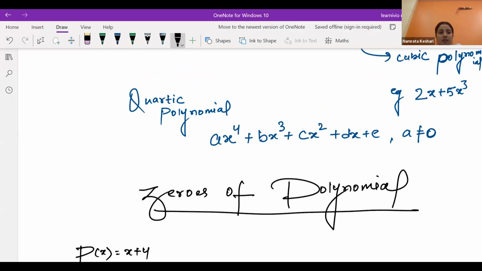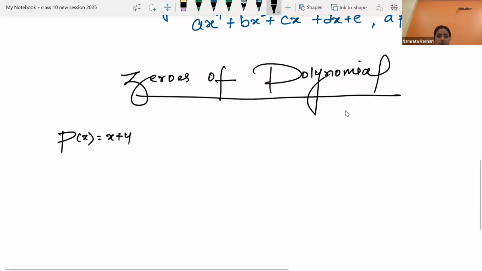Yes, Umair and Rayan, anyone? x plus 4, minus 4. Okay, it is perfect. It has to be minus 4. x equals minus 4 is the 0 of the above polynomial.